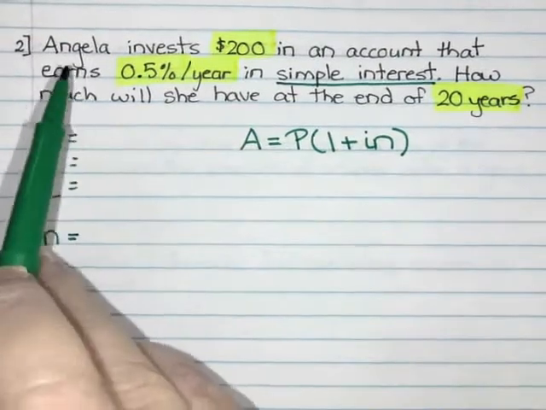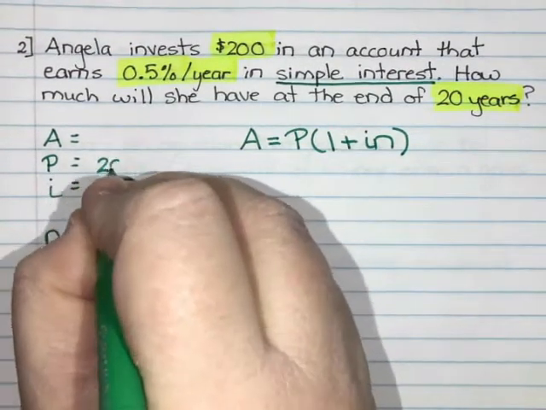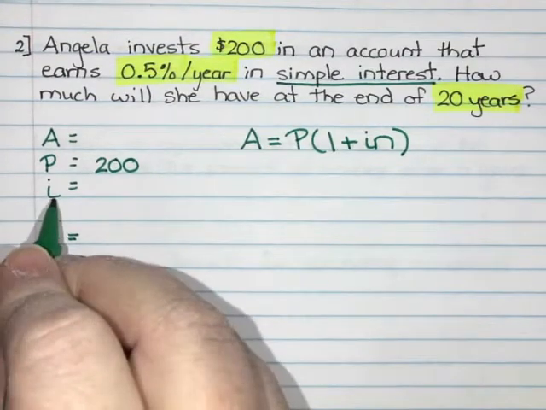When I read through the question, Angela invests $200. That $200 is her starting amount, or principal. So that is my P. We're going to put that in for P. She is earning 0.5% a year in interest, so that is my interest rate.